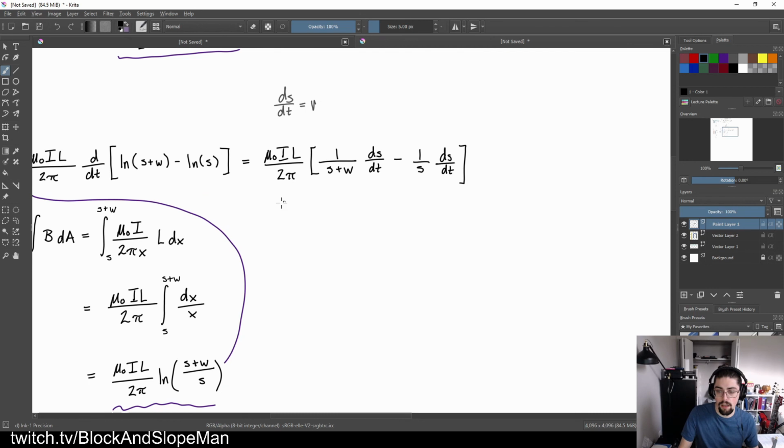I'll take this step and say, fantastic. Let's combine everything together. My ds/dt becomes v. Pull it to the outside. Now what's left in these brackets is going to be s times s plus w under, let's write this thing out, s minus s plus w.